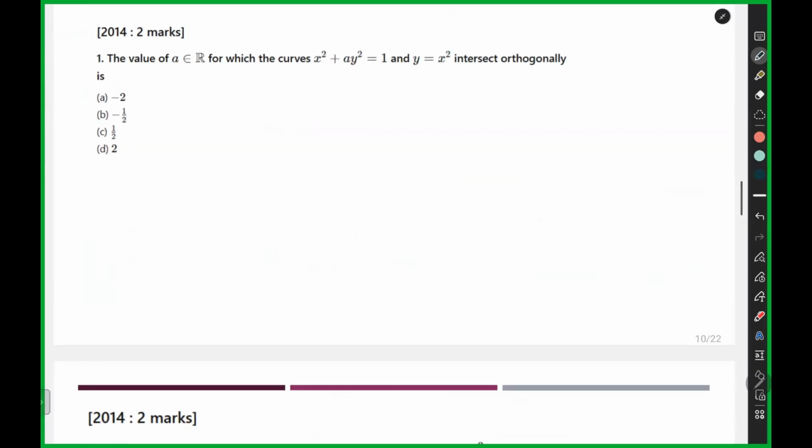Now this is a question of the IIT JAM exam of 2014. So here, the value of a for which the curves intersect orthogonally. What will be your approach?